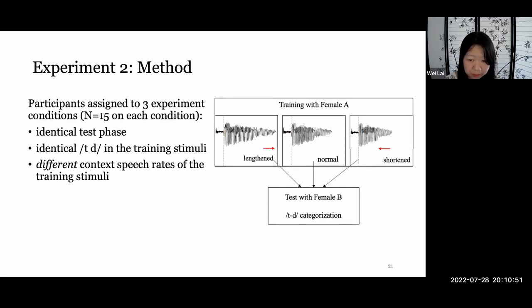However, the training stimuli will differ across conditions in the speech rate of the contextual speech materials. So compared to the normal condition, the contextual speech materials in the lengthened condition are temporally expanded by 1.7, whereas the contextual speech materials in the shortened condition are temporally compressed by 0.7.